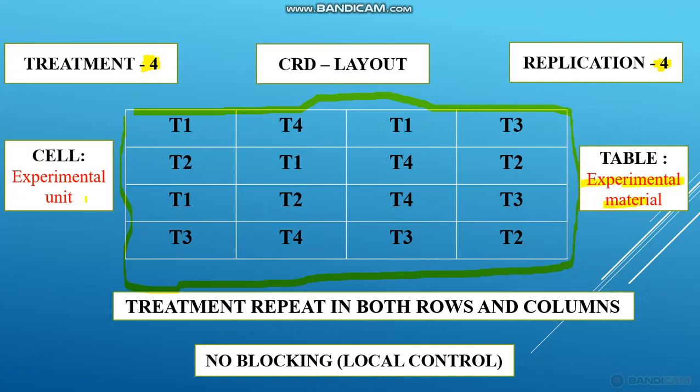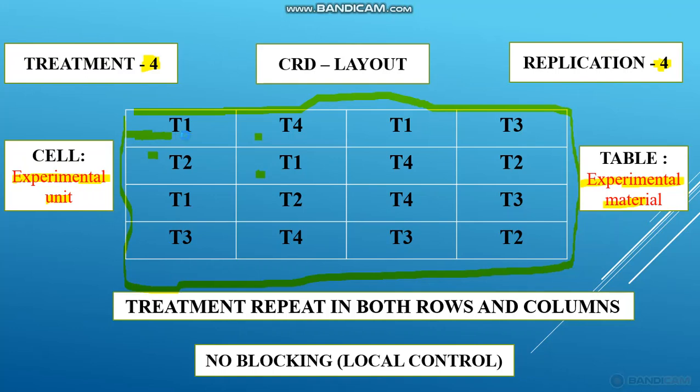In this table we have cells like this. Each cell is called an experimental unit. In the cell only we will assign the treatment.